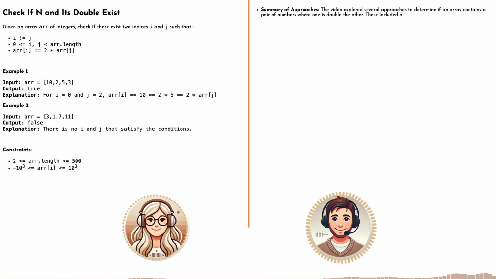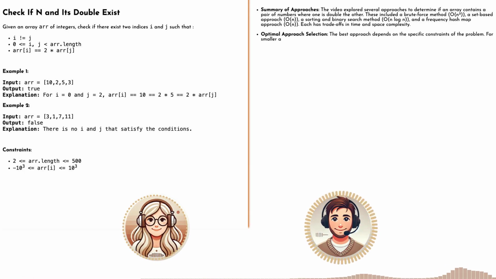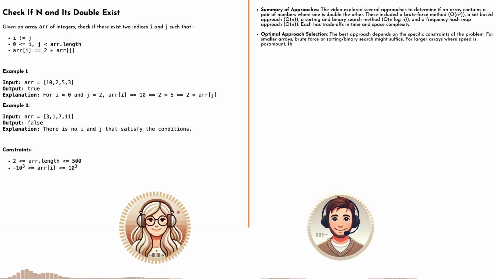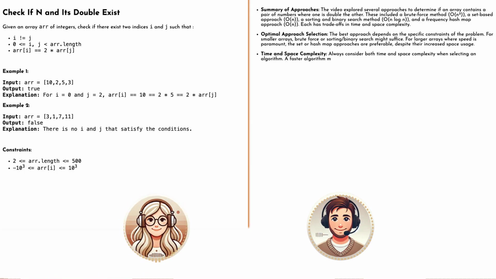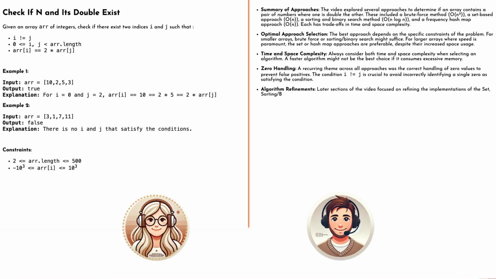We've gone from brute force to sets, to sorting with binary search, and now to frequency hash maps. It's fascinating how many ways there are to solve one problem. It really highlights the beauty of algorithms and data structures. It's like having a toolbox full of different tools, each with its own strengths and weaknesses. Absolutely. And by understanding the trade-offs, we can choose the best tool for the job.